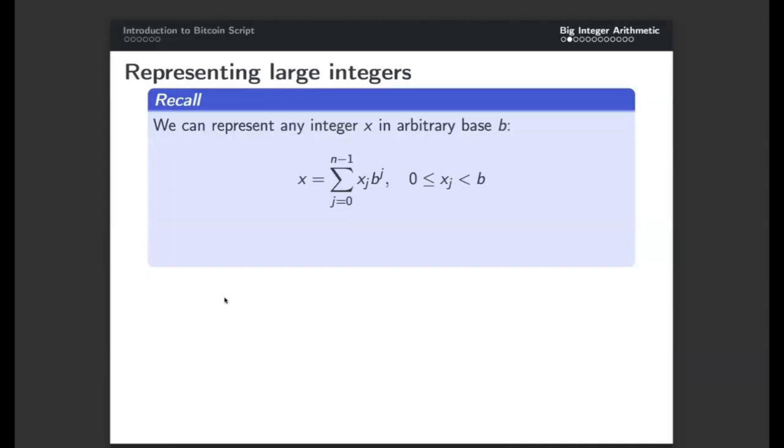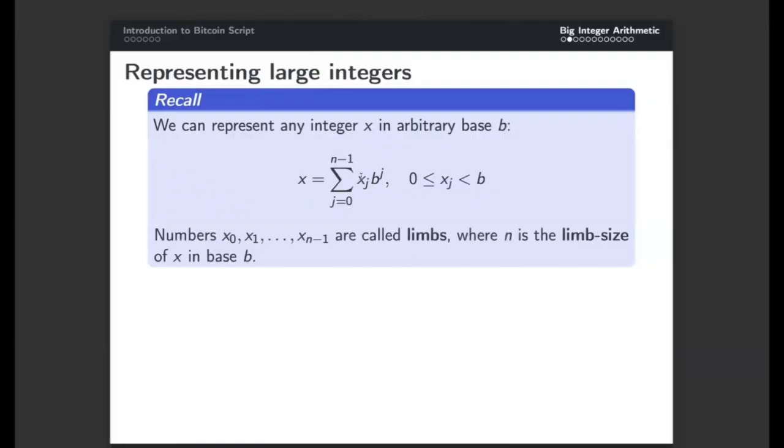So first of all, we need to determine how to even represent integers in Bitcoin script. So recall that an integer can be expressed uniquely in arbitrary base b. So this is going to be a sum in this form. We will call each x_i, which are restricted from 0 to b, as limbs.